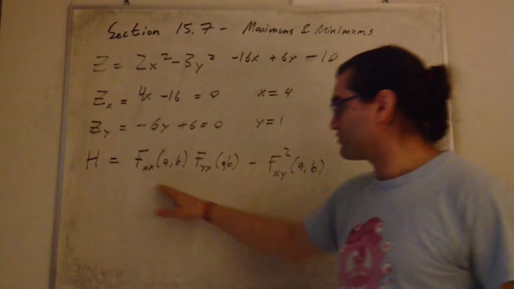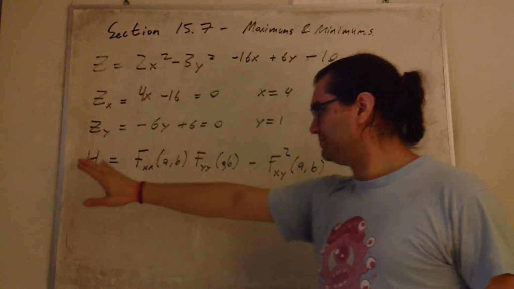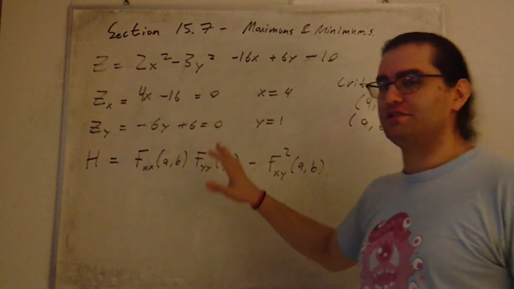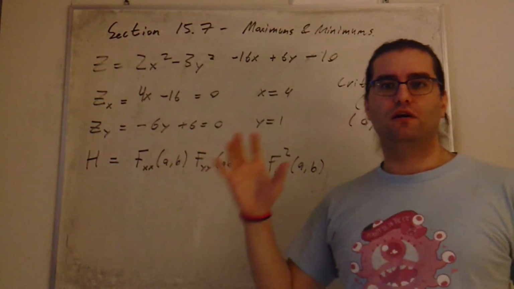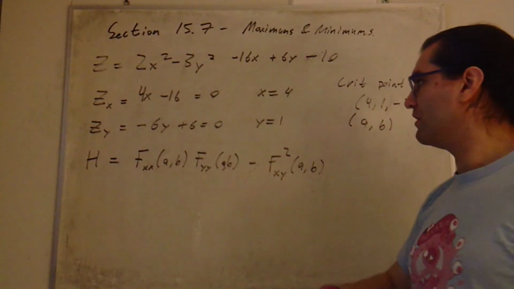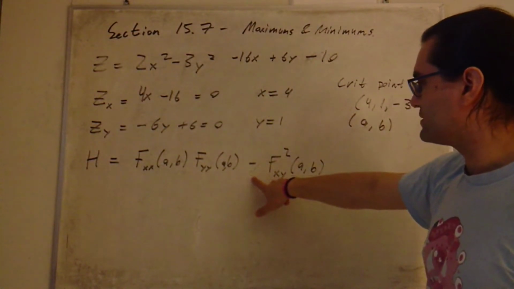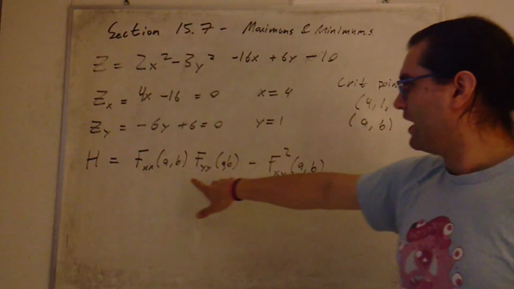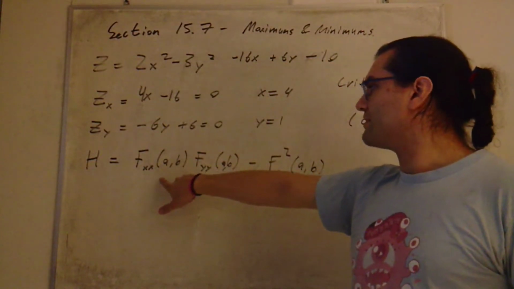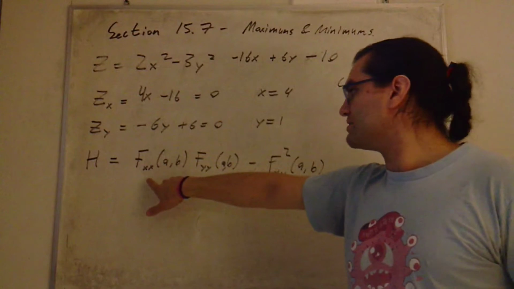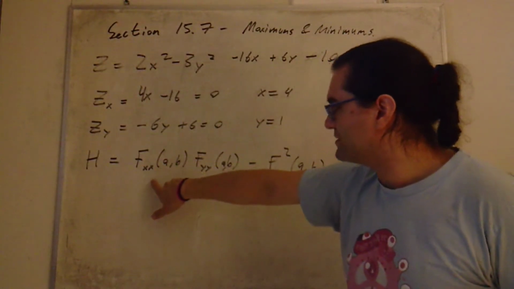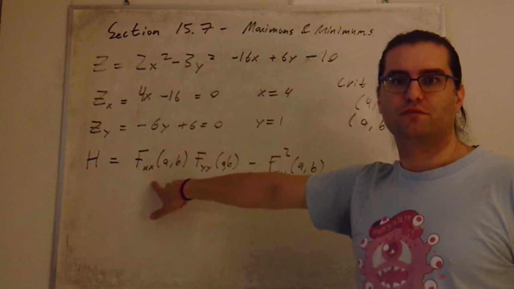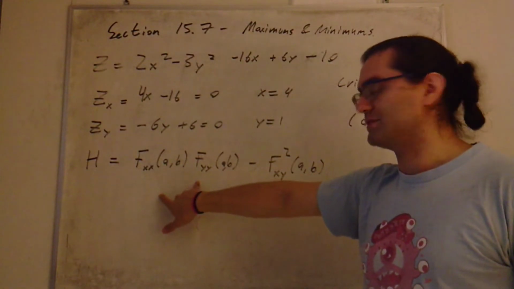So this discriminant, this h thing, will help us determine whether things are banana points. This term is always going to get subtracted. So whether or not this thing is positive depends almost entirely on the second derivative with respect to x and the second derivative with respect to y.